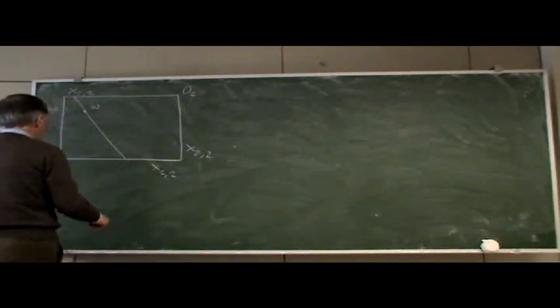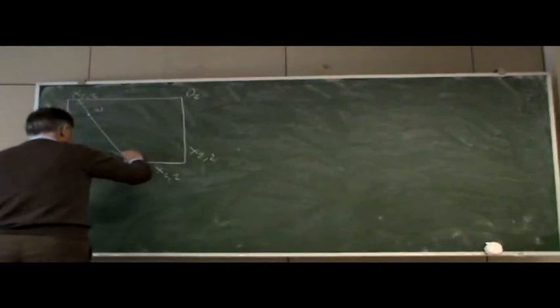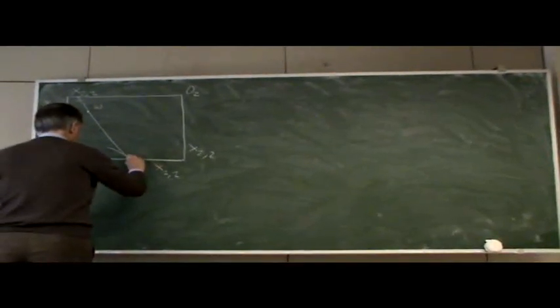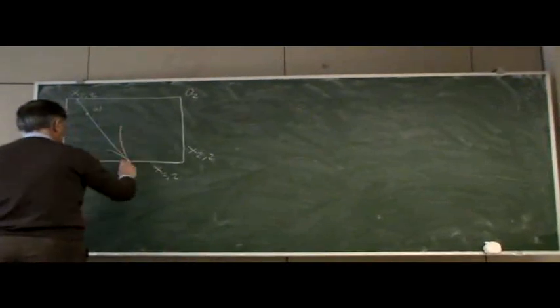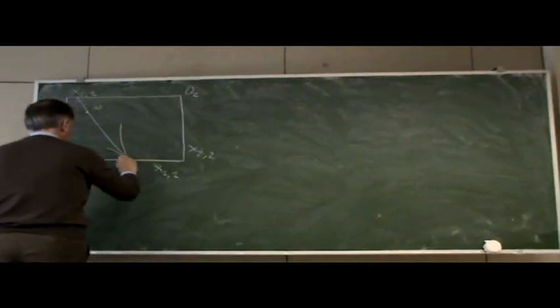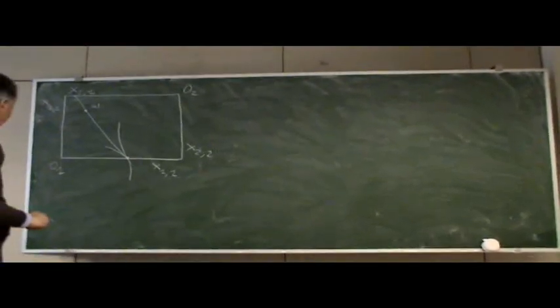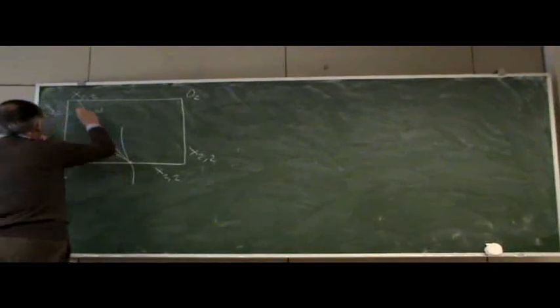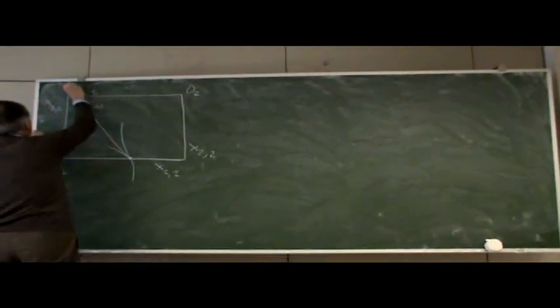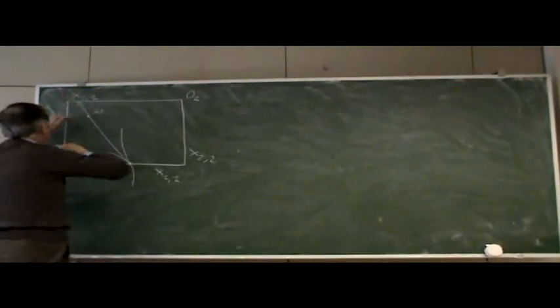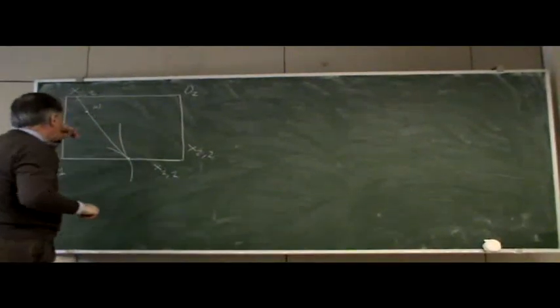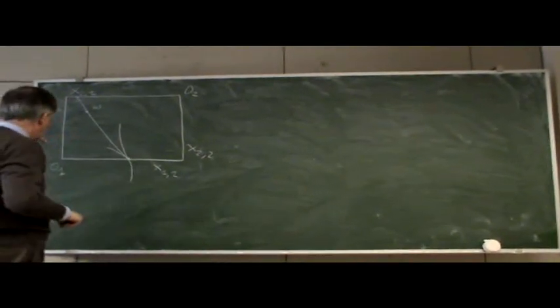Or suppose that at this point you have tangency here and here. Look at this graphic. Consider the situation of consumer 1. Also for consumer 1, the budget constraint continues outside the Edgeworth box.